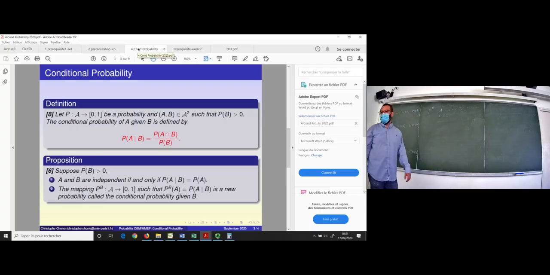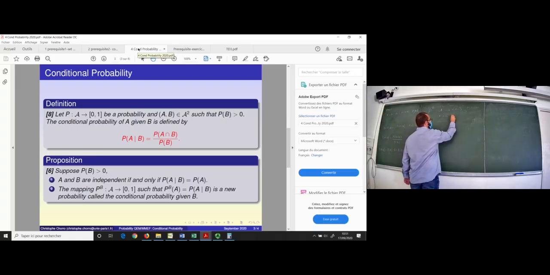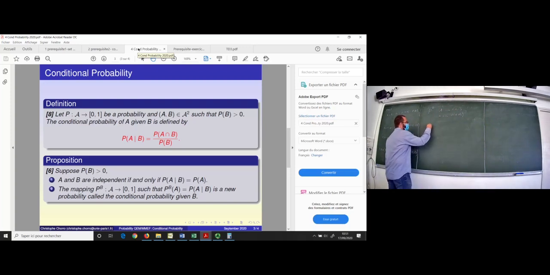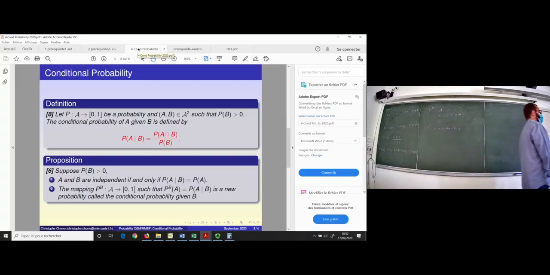To any set A, I associate P of A given B. I associate to each set the conditional probability of A given B. And I say that, this is the aim of my statement, P_B is a probability.